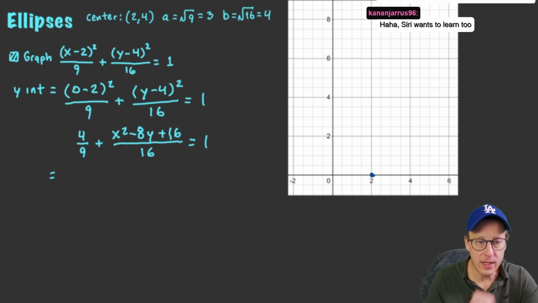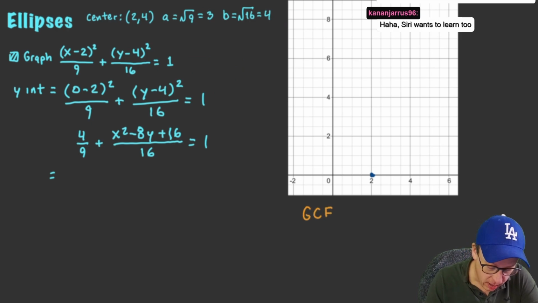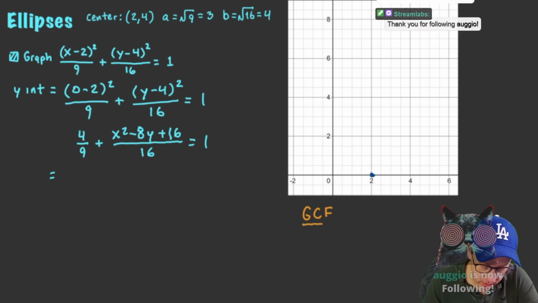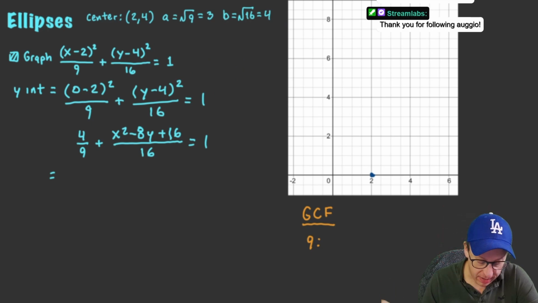So what we want to do is find the greatest common factor for both 9 and 16. I'll do a little bit of an overview. This is how we find the greatest common factor. If we have the values of 9, we need to multiply prime numbers together to give us a value of 9.